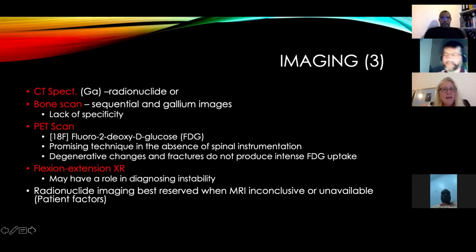A PET scan, if you have it available, can be used in the absence of spinal instrumentation, and the advantage of it is that you don't get the intense FDG uptake in degenerative changes and fractures, only in the signs of infection. And flexion extension X-rays may have a role in diagnosing instability. So overall, as far as imaging goes, MRI is the gold standard.